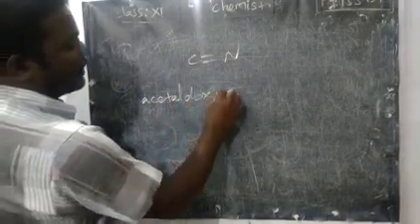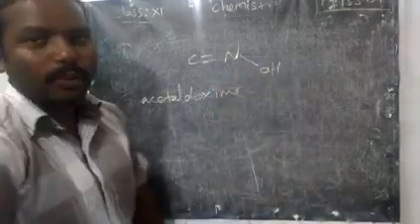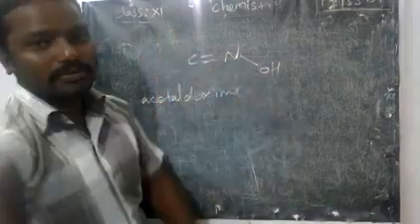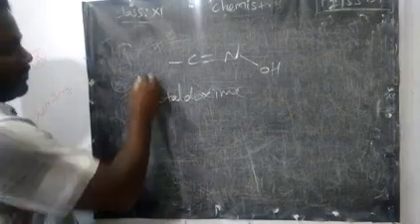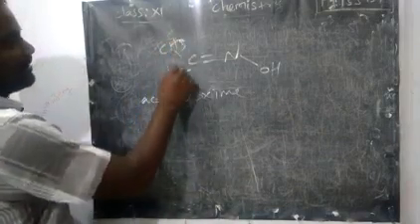See, oxime means nitrogen double bonded with an OH group. Whenever you see a C double bond NOH group, that is called the oxime group. Here any group may be present; actually CH3 and H are present.